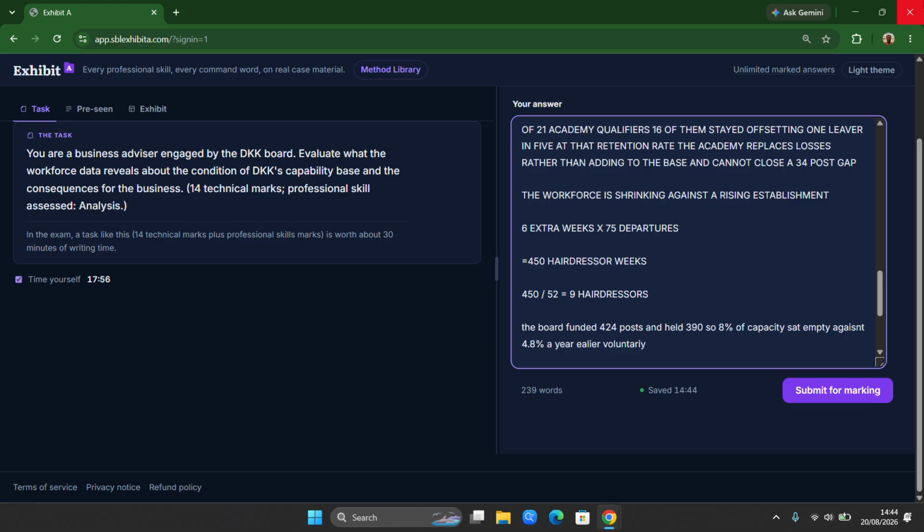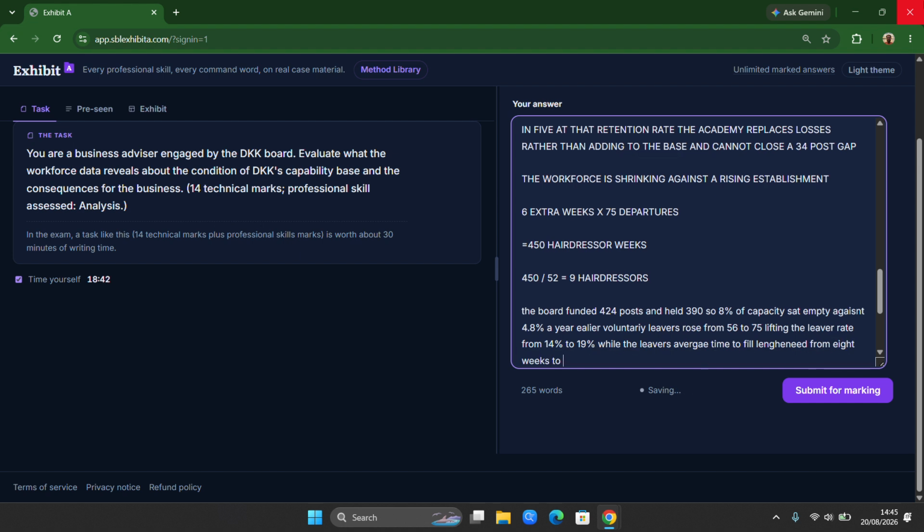Voluntary leavers rose from 56 to 75, so I'm using the figures where I can, lifting the leaver rate from 14% to 19%, while the average time to fill lengthened from 8 weeks to 14.